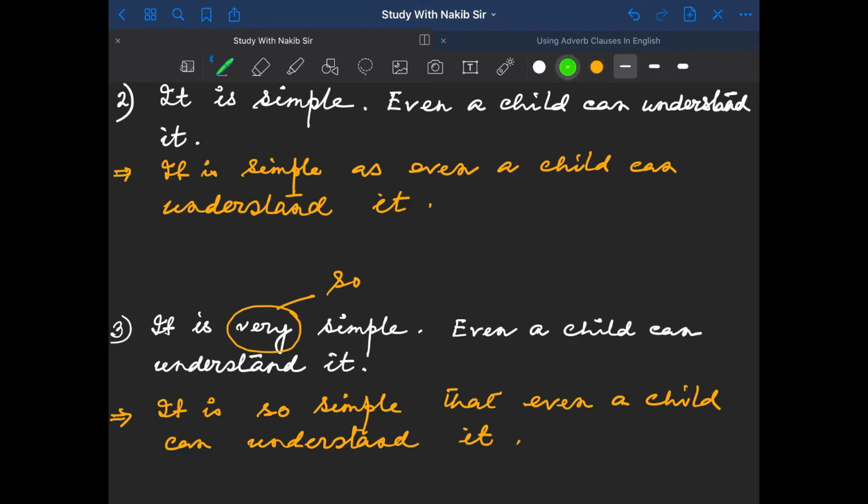That even a child can understand it is an adverb clause of effect. So if you get this type of sentence with very, then use so. And if you don't get very in the sentence, like the first sentence in question number 2, then use this way: It is simple because or as even a child can understand it. Okay.